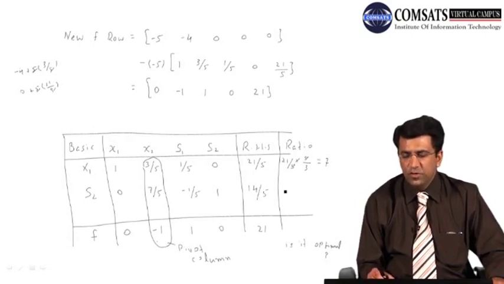Similarly, we will divide 14 by 5 by 7 by 5, and again the 5 will come in the numerator. This will become 5 divided by 7, and again the 5 will be cancelled, 7 into 14, so we will get this value as 2.